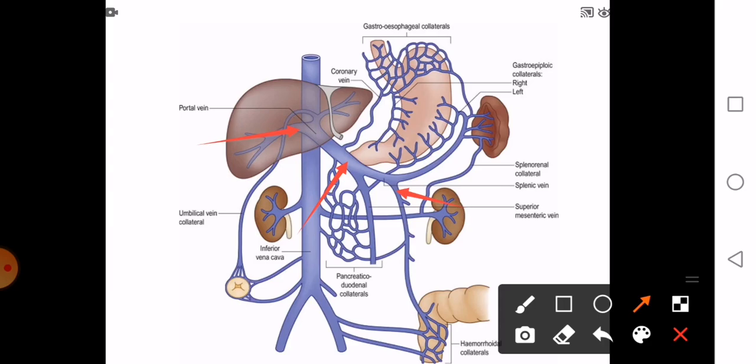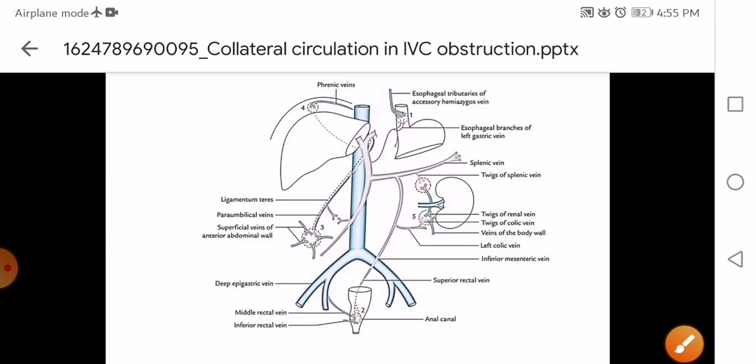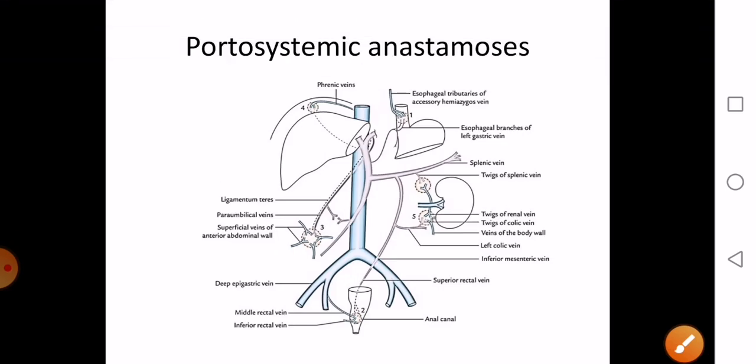So if there is obstruction in the portal system, the blood will be redirected to the systemic circulation. There are 5 sites where this redirected flow of blood will take place.